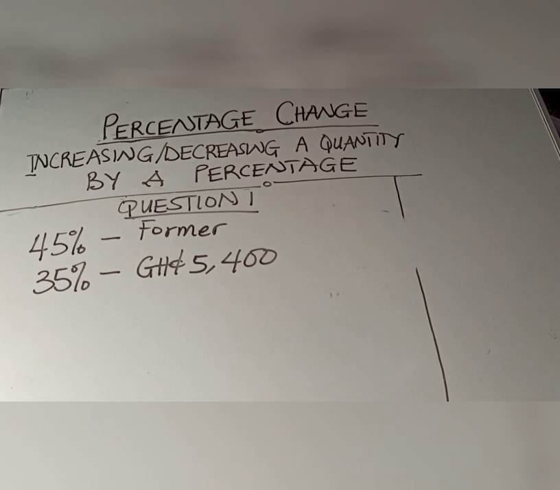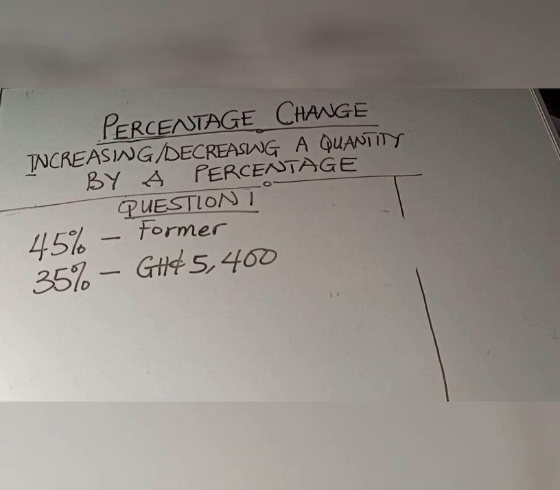Good. And they said that the duty in terms of percentage was decreased from 45% to 35%. And when it came to 35%, the person paid 5,400 cedis in terms of amount. So we want to know the amount the person paid when it was the former duty, when it was 45%.